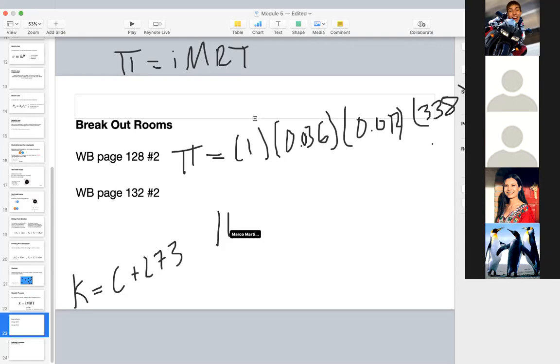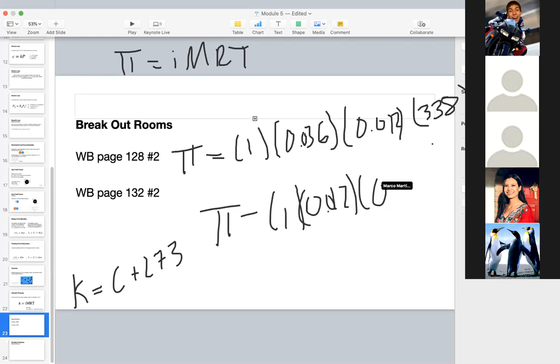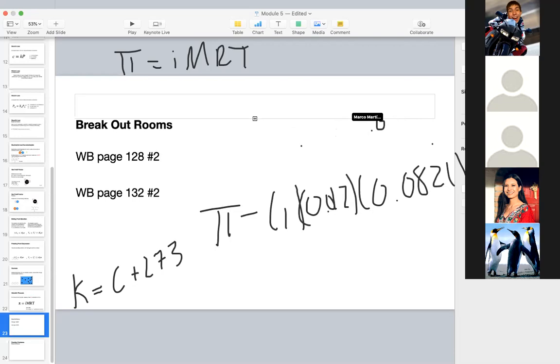Pi equals 1 times 0.012 times 0.0821 times 338. So pay no attention to this top one. We're going to use that bottom equation.